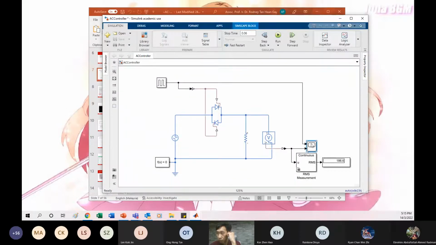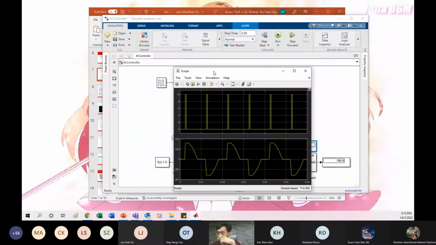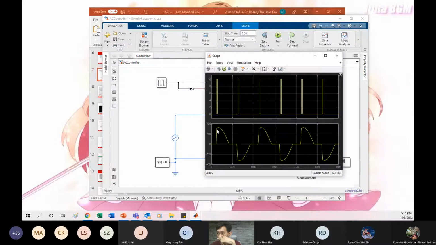So now you see what happened is, when you don't have the PLL, you will see that you are changing the 30 degree, you have to minus the 30 degree.